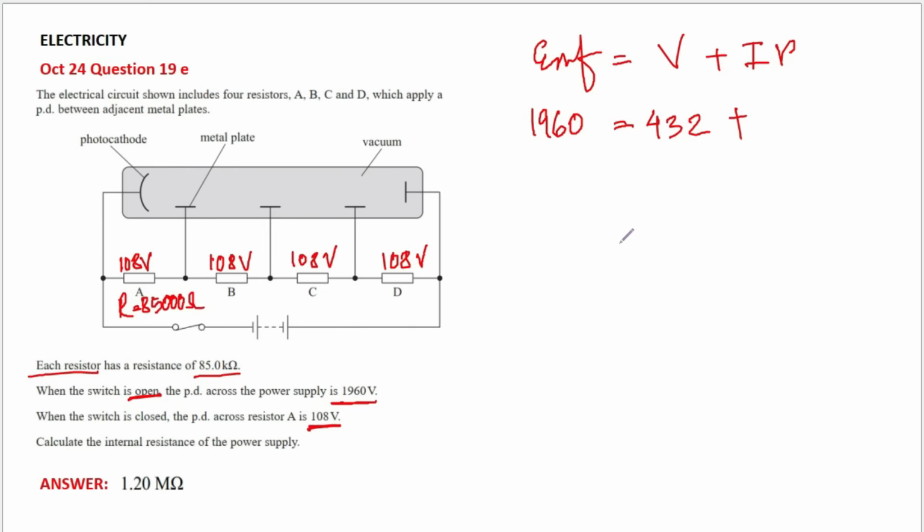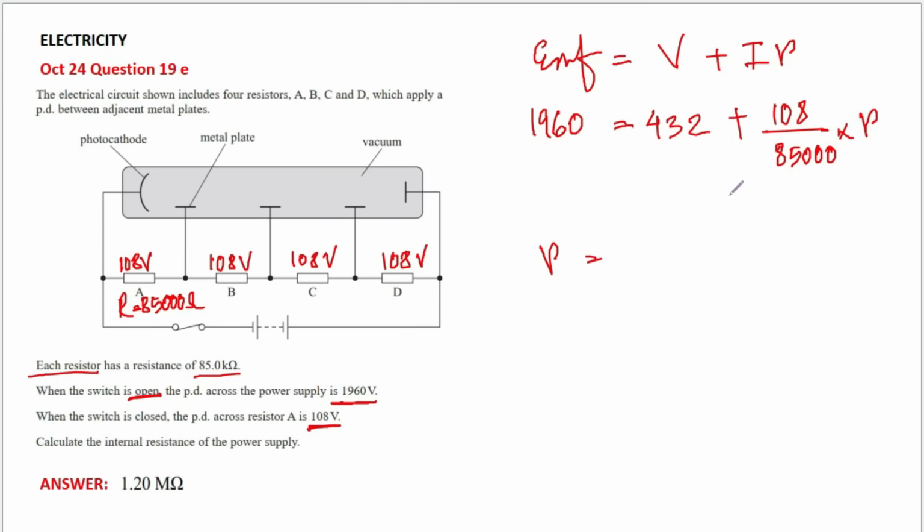So for I, according to V equals IR, so I is V by R, right? So 108 divided by 85,000 times R. All you do is just make R the subject of the equation. Please do this for me.